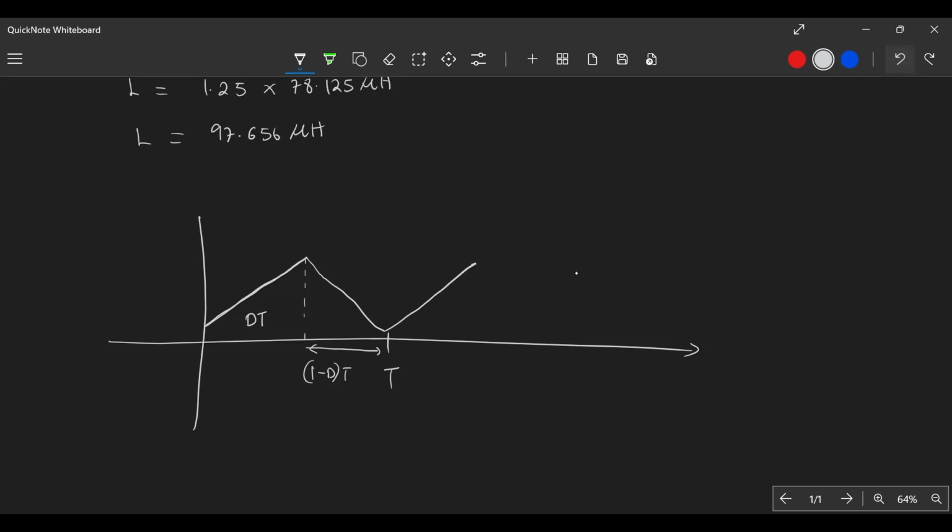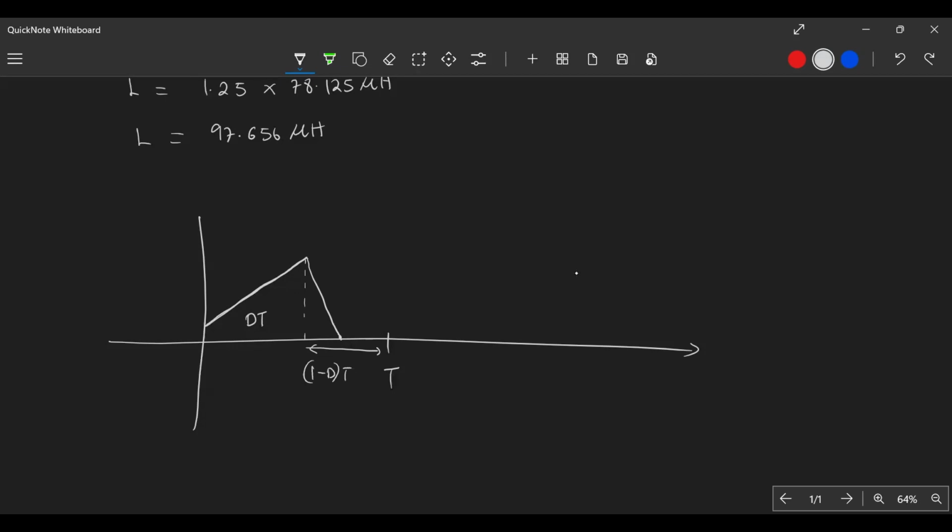So no wonder it's important for us to size this inductor, how big it's supposed to be, so that the current is continuous. We don't want a situation where the current is so small, I mean the energy stored in the inductor is so small, that it can't manage to supply the current in the circuit during the whole time period when the switch is off.